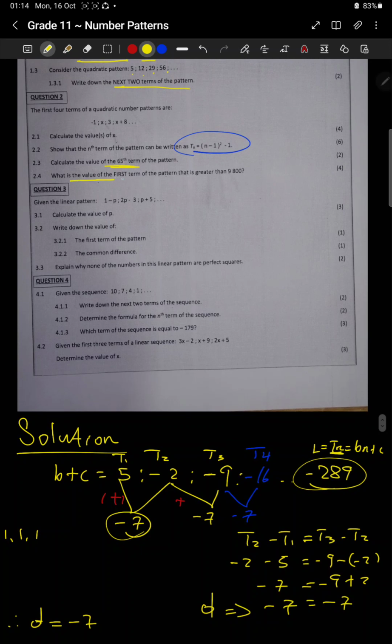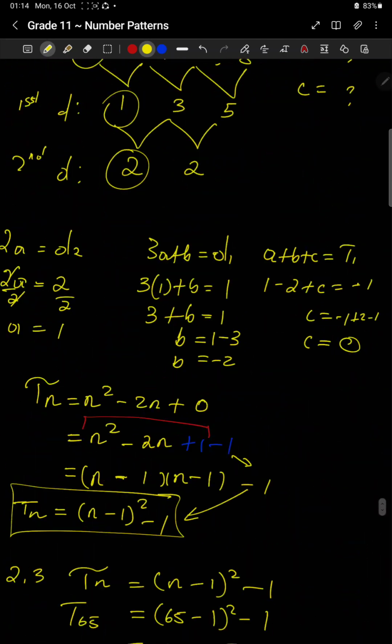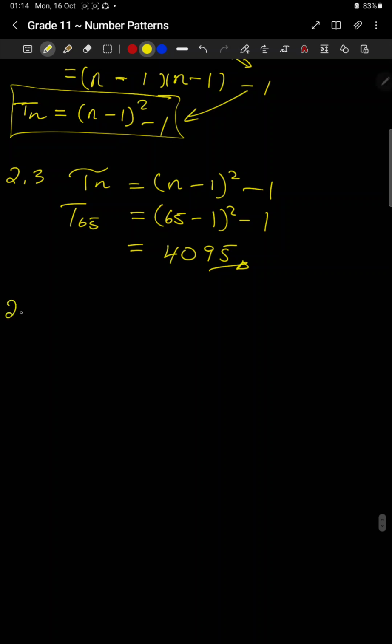Then we go to the next one, that must be 2.4. What is the value of the first term of the pattern that is greater than 9800? This one is easy. We are using the same equation, but now n minus 1 all squared minus 1 must be greater than 9800. It's quite clear that we have to solve for n, so we multiply out these brackets.